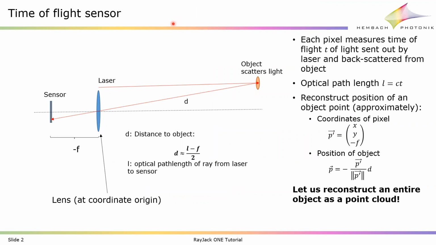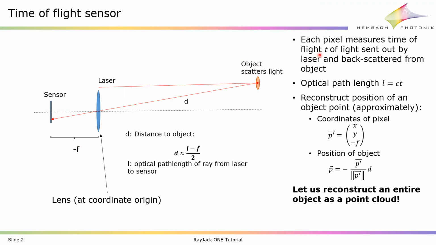It's a time-of-flight sensor. So a laser illuminates a scene. Light gets scattered from objects into a receiver optic, which is here modeled as an idealized lens and a pixel sensor in the focal plane with a focal length f.